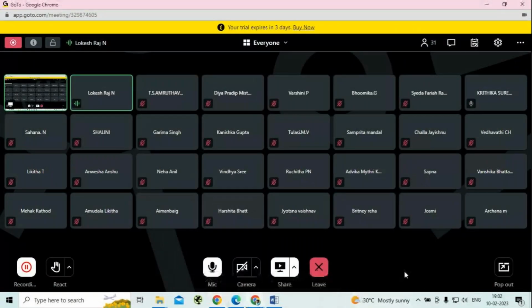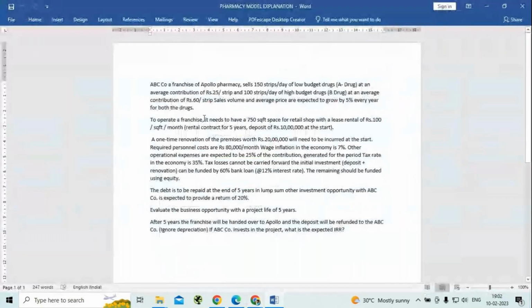I hope the screen is visible. Can anyone confirm that the screen is visible? Yes, sir. Yeah. So you can read it out. Can anyone read it out for me?